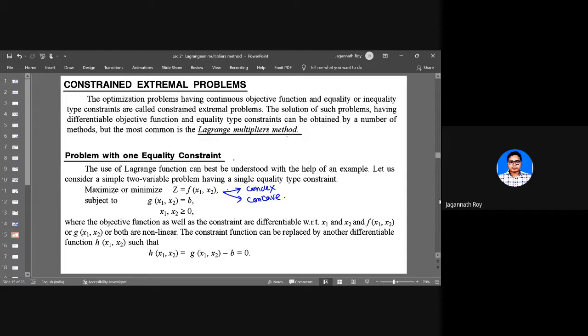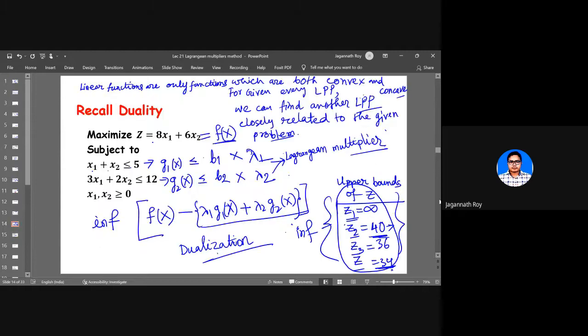And for the Lagrange's multipliers method, what we need is to define h of x1 and x2, another function, equals 0. The right hand side will be made 0. So the given constraint, we have to make the right hand side 0. So g1 of x1 and x2 minus b equals 0.